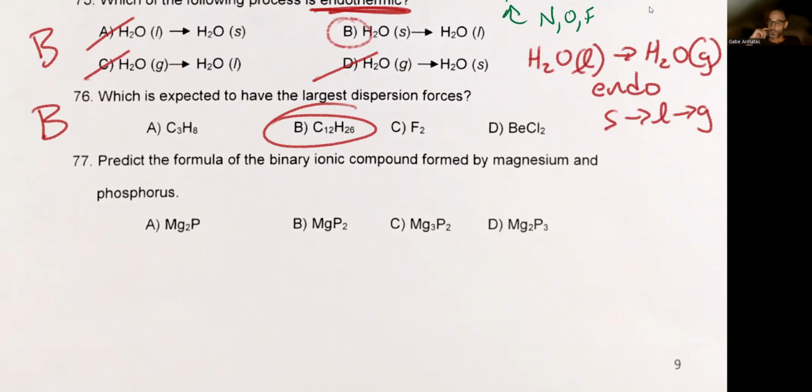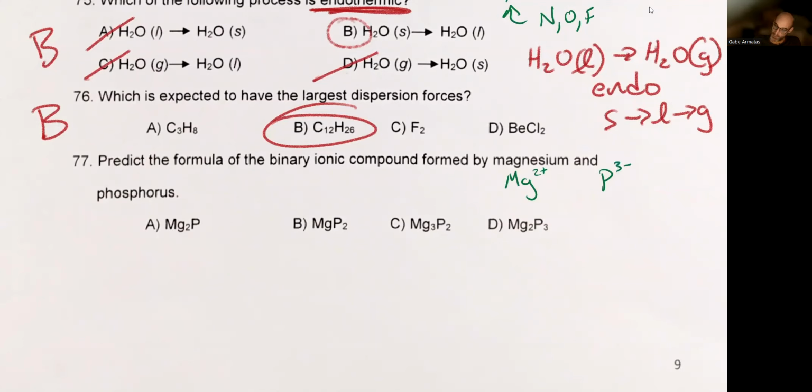77, predict the formula of the binary ionic compound. Binary means just two things. So I'm going to combine magnesium along with phosphorus. Magnesium is expected to have a 2+ charge because it's in group 2. Phosphorus is in group 5, so I have a choice: lose 5 or gain 3.